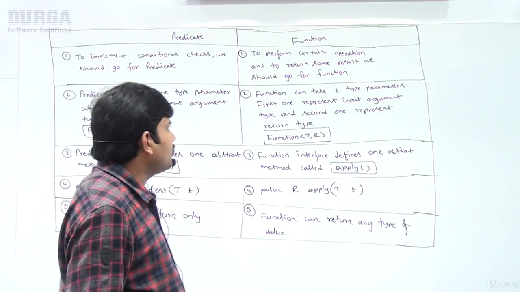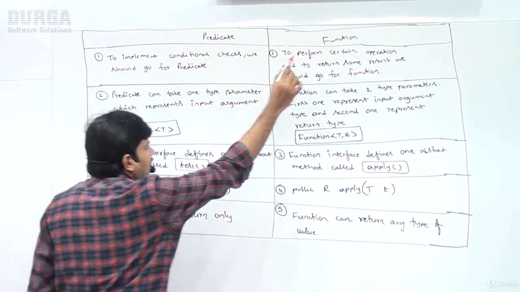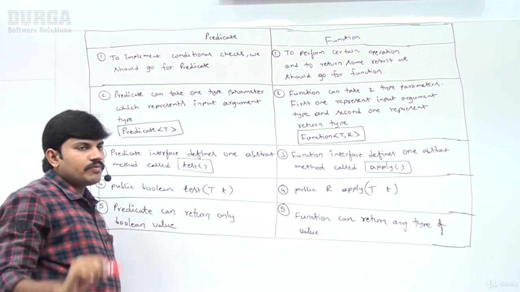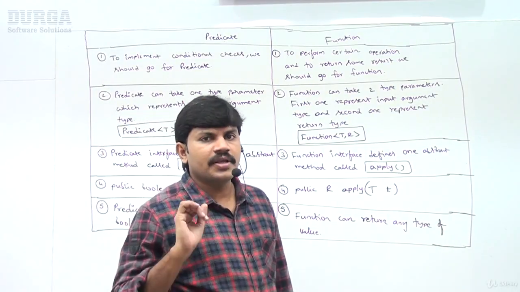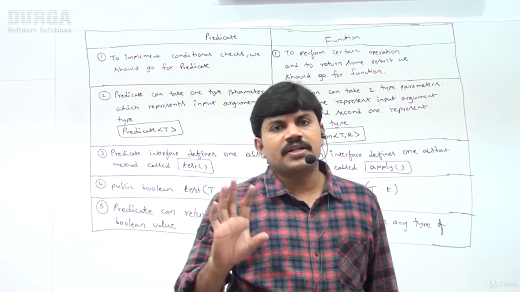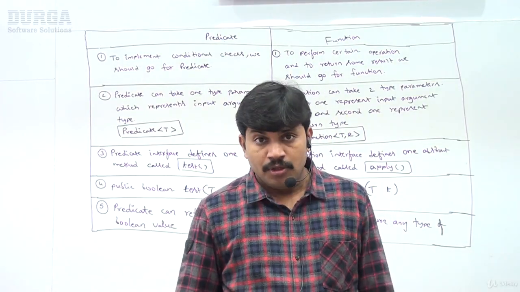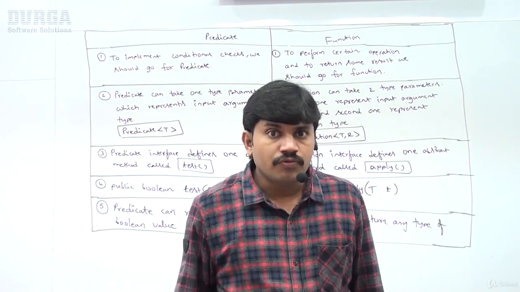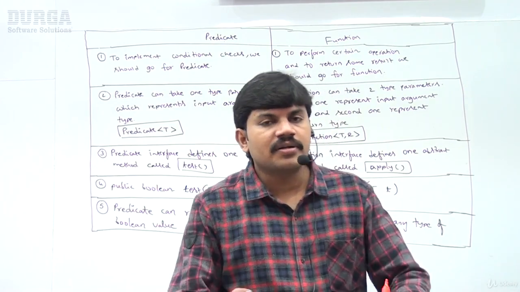Just observe when we should go for predicate and function. When should we go for predicate? Usually, we go for predicate to perform some conditional check and based on that return some boolean value. But when should we go for function? We have to perform a certain operation and based on that operation return some value.